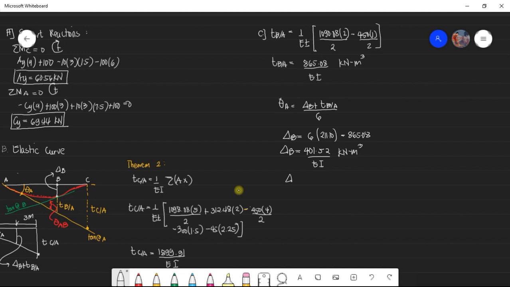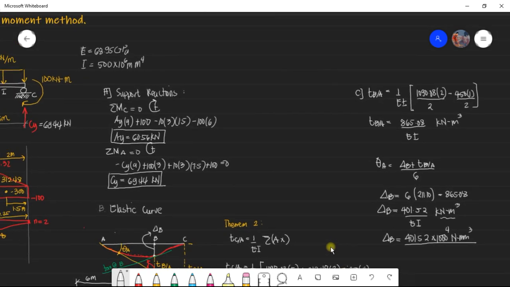So, delta B, or the deflection at B, is 401.52. Okay, I'll convert this to newton mm cubed, so times 1,000 raised to 4 newton mm cubed, divided by the EI. What is E?